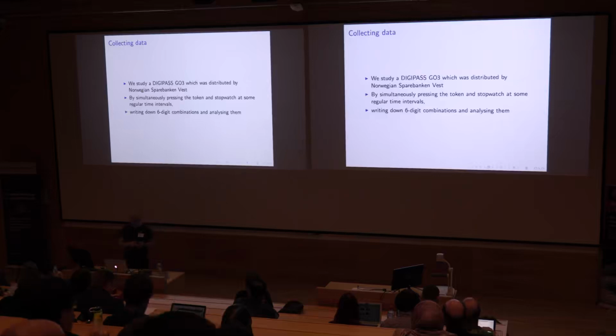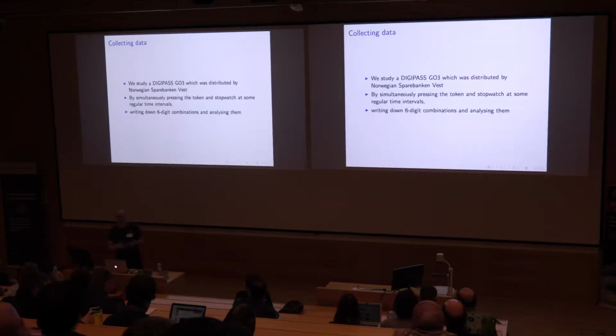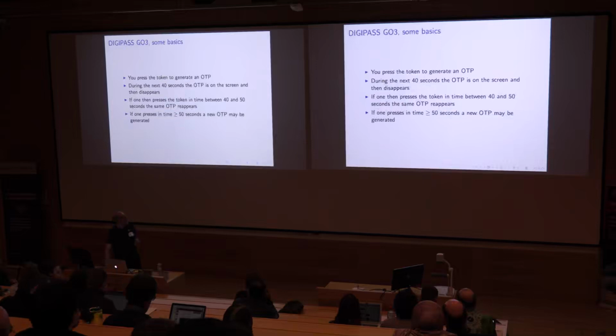What I do, I simultaneously press the token and a stopwatch at some regular time intervals, and then I write down the 6-digit combinations and analyze them, and got some conclusions.